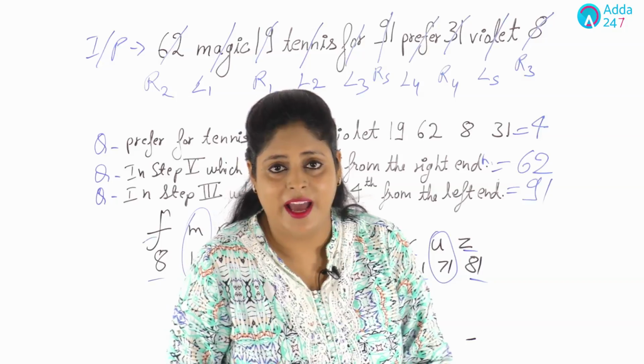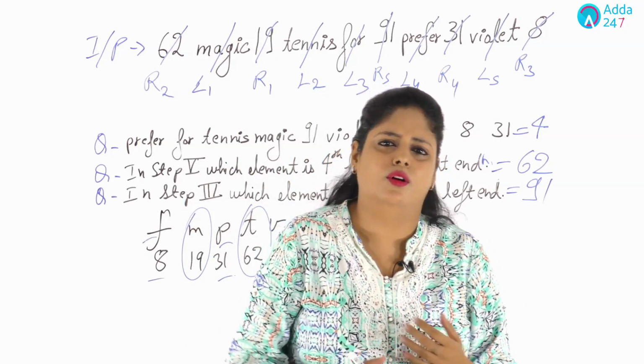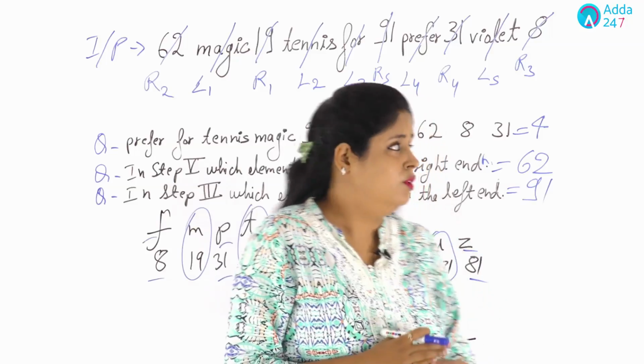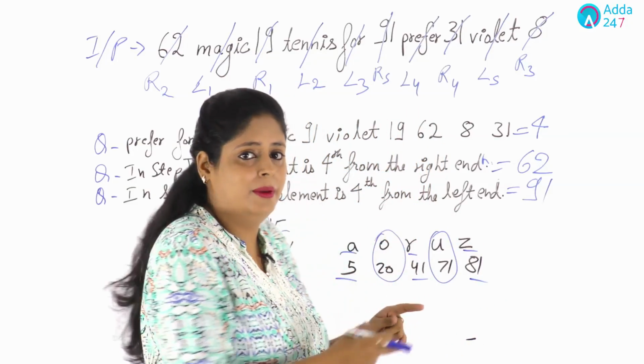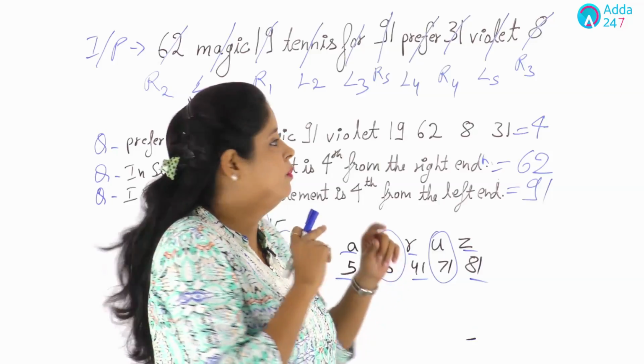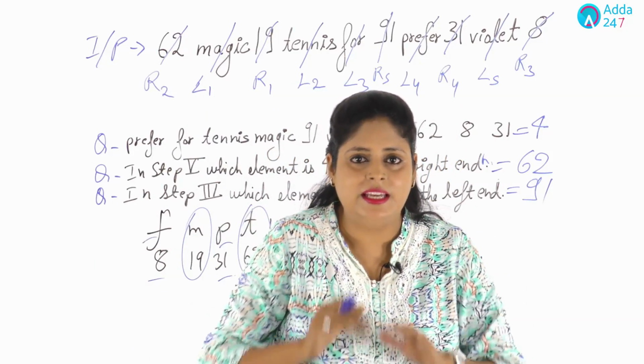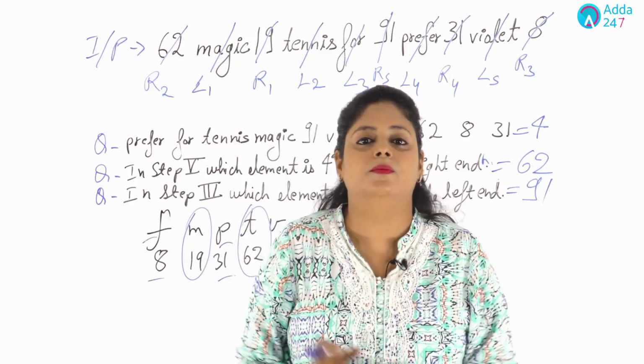But remember, IBPS is becoming practical with examples. They are doing a lot of experiments. So this funda was applicable in this question because we haven't repeated any letter or number. Each and every one was changing its position.